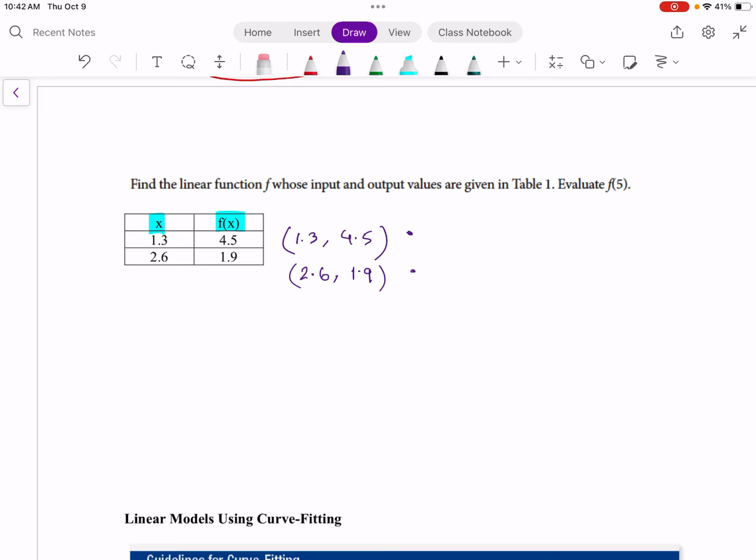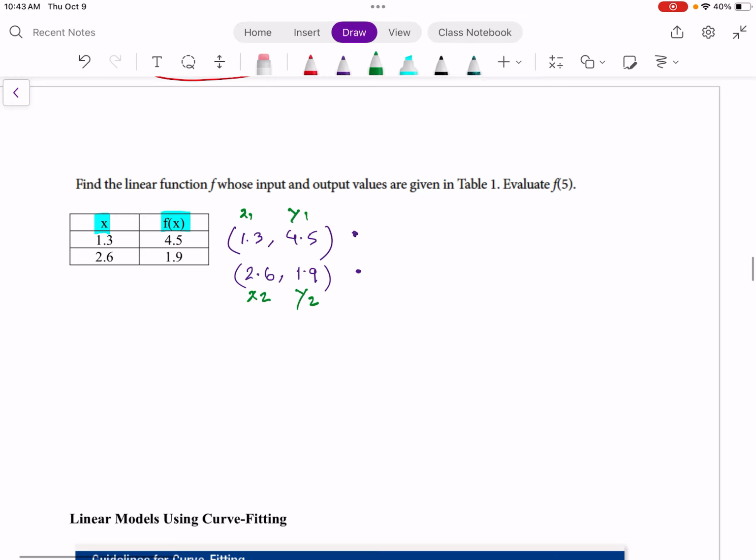So we have a second point here. Finding a linear function means we are finding an equation of a line joining these 2 points. Every time we are finding an equation of a line, we always need a slope. So let's call our first point x1, y1. Let's call our second point x2, y2.